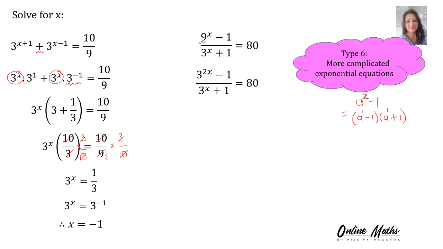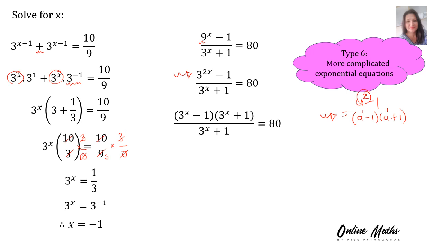And what I want to bring across is when you factorize, your factorized answer's exponent is half of the original sum. So when we go back to our sum, the 3 to the 2x minus 1, that thing is in fact the difference of two squares. And you can write it as 3 to the x minus 1, 3 to the x plus 1.